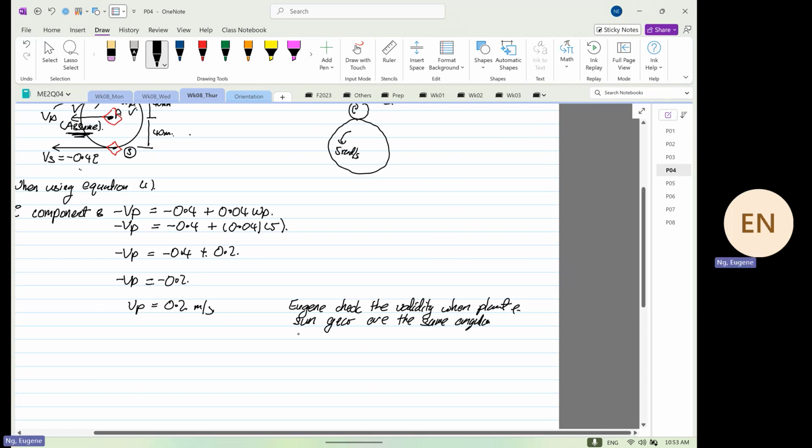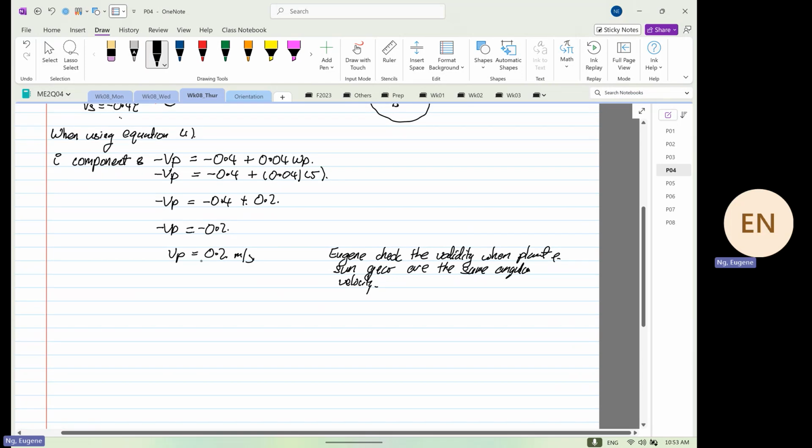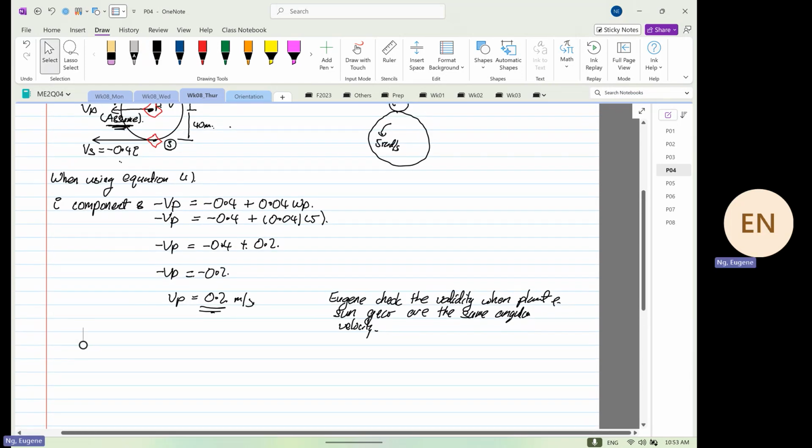I'll check as well. I won't stay down here and speak louder to say that this is right. Let me check. Good point. As I said, I've not thought about it. But for now, we know that the velocity of the planet is what?